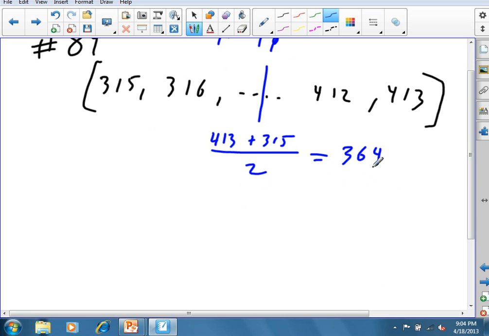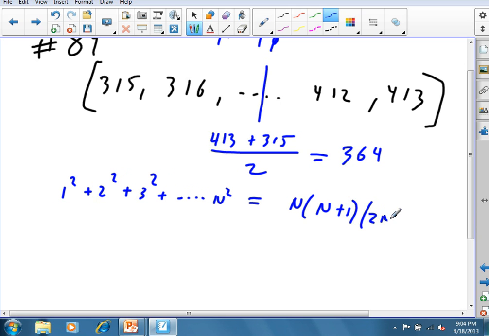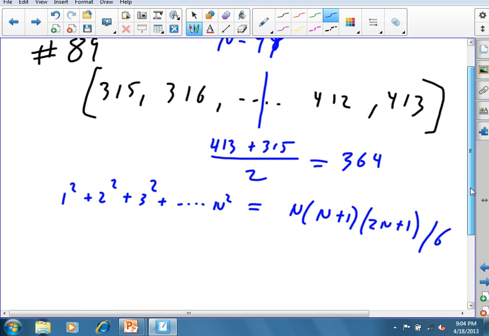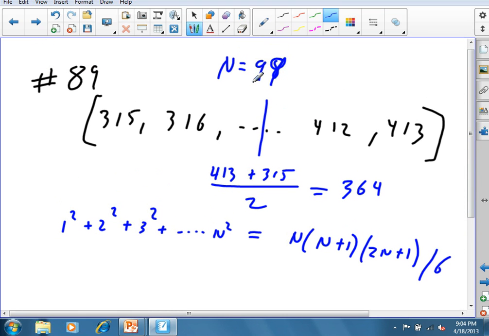Now, on problem number 88, it says if I have 1 squared plus 2 squared plus 3 squared plus blah, blah, blah, up to n squared, that's going to be n times n plus 1 times 2n plus 1, divided by 6. Okay, now, what's half of 99? 99 divided by 2 is going to be 49.